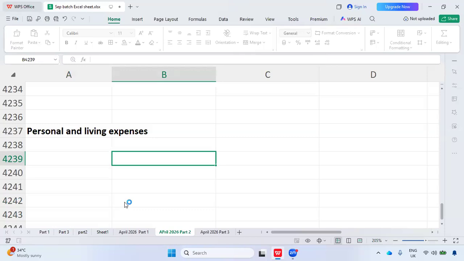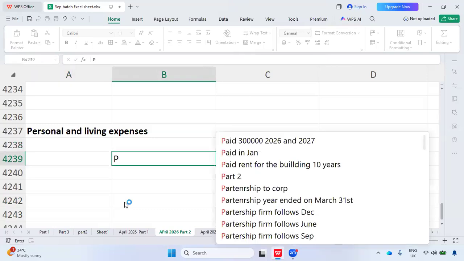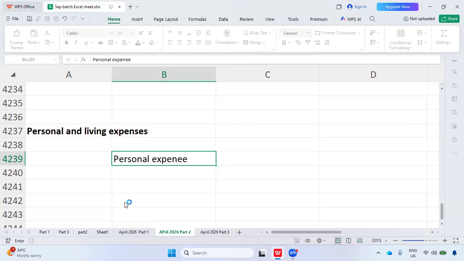Can we claim personal expenses in the business? No. Personal expenses are not allowed in the business. We cannot claim them as an expense because those are the taxpayer's personal expenses, right? So personal expenses we will not allow, we will not claim in the tax return.